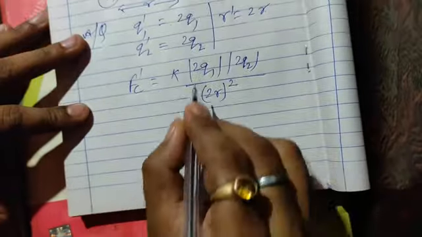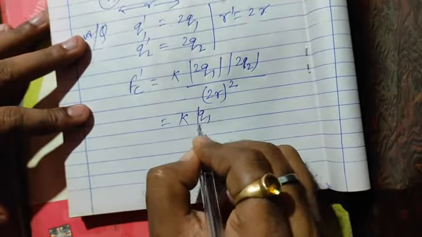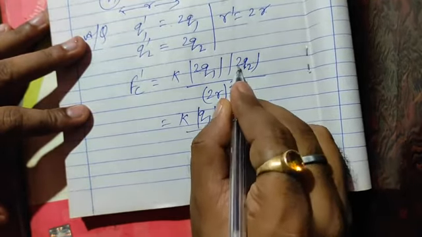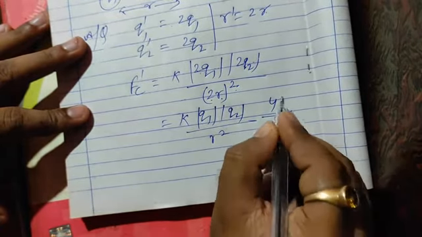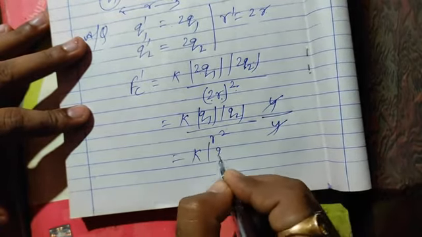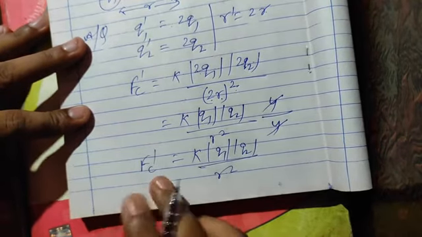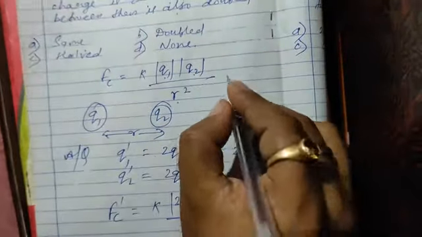Now 2 into 2 we can take out, leaving Q1 into Q2 and R square. 2 into 2 is equal to 4, divided by 2 square, which is 4. It is cancelled, and it is K Q1 into Q2 by R square. This is the new force of interaction, and it is the same as the initial one.